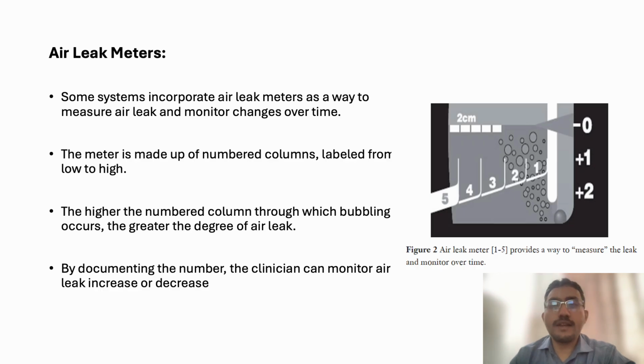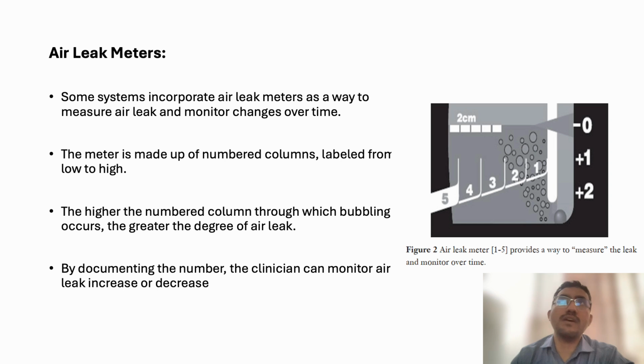Another thing that has been incorporated into the modern drainage systems are the air leak meters. These are proprietary meters which incorporate air leak meters as a way to measure the air leak and monitor changes over time.